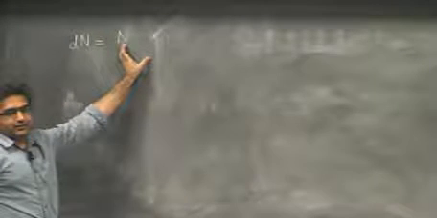So the number of nuclei which would decay would be equal to the number of initial nuclei times the probability of decay in dt time, which is p dt.